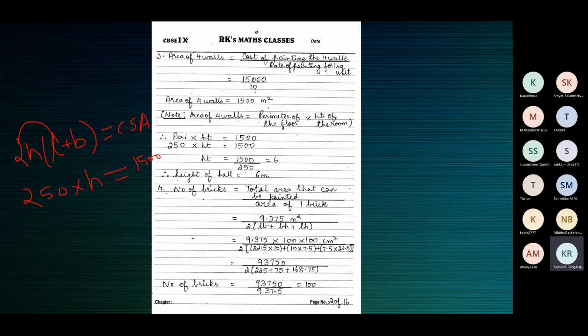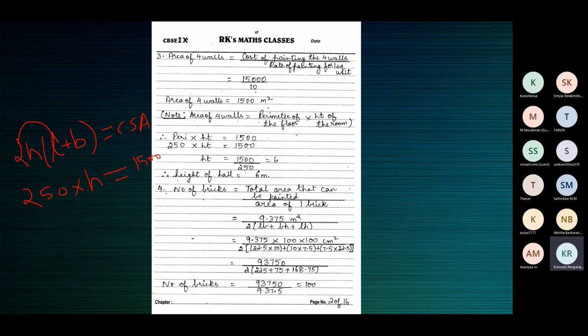In question number 4, the paint in a certain container is sufficient to paint an area equal to 9.375 meters square. So the quantity we don't know. How much paint is there in that container? That we don't know.